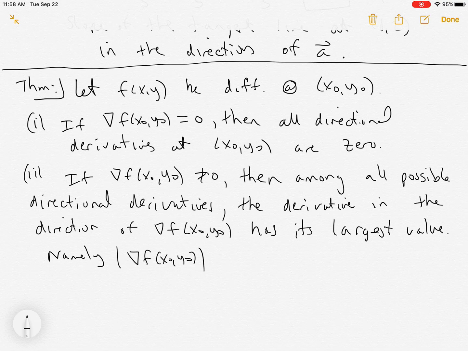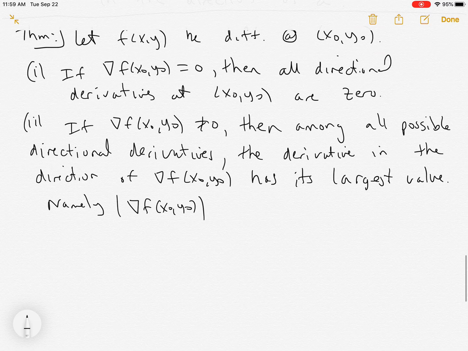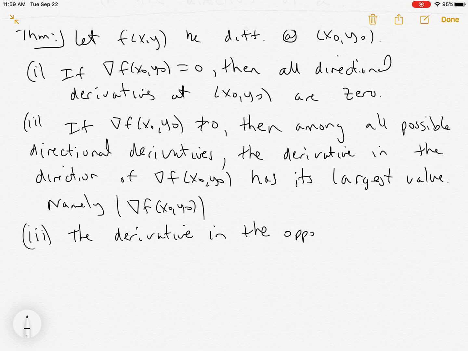3. The derivative in the opposite direction from 2 has the smallest value.